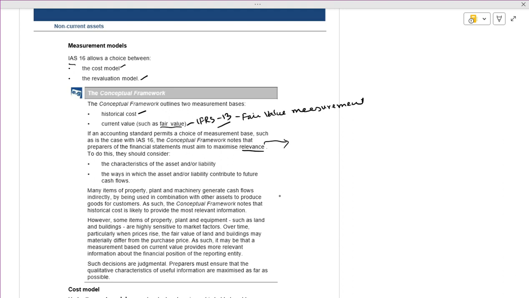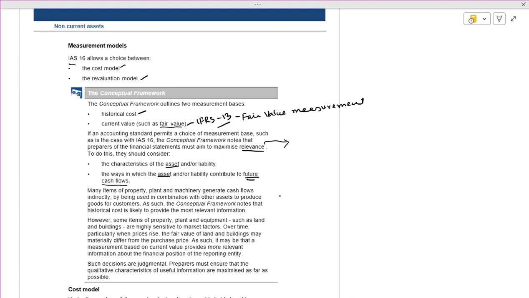Qualitative characteristics make a very distinct impression on the understanding of the subject. The characteristics of an asset or a liability, the ways in which the asset or liability contributes to future cash flows.